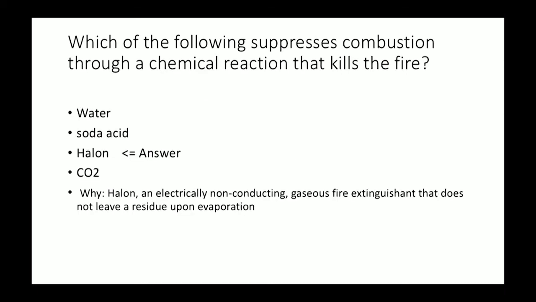This question asks what is used for suppressing combustion through a chemical reaction that kills a fire. All four options are actually used for killing fire, but the answer is halon. Halon is a non-electrical, non-conducting gas for fire extinguishing.